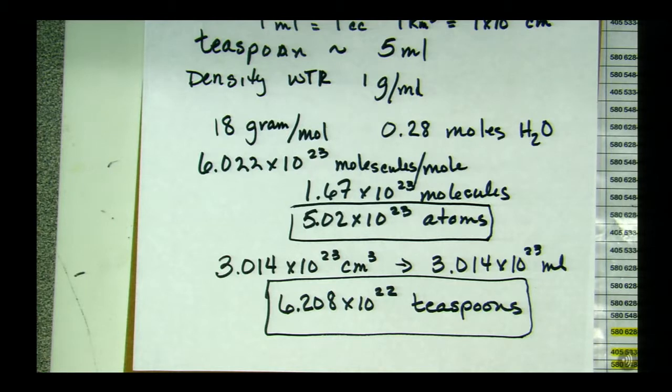So you get a feel for how doing the estimation works. You need to kind of know what your facts are. You need to kind of know what your orders of magnitude are. You need to give yourself some frames of reference. And most of us don't think about centimeters cubed, because we grew up in inches, right?